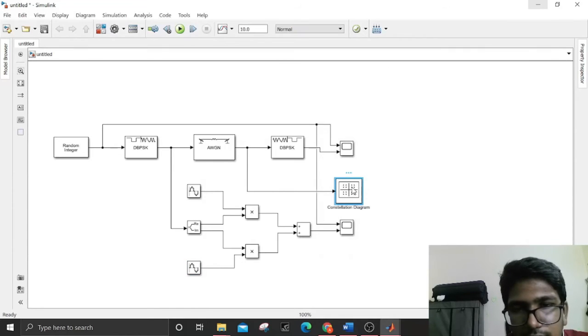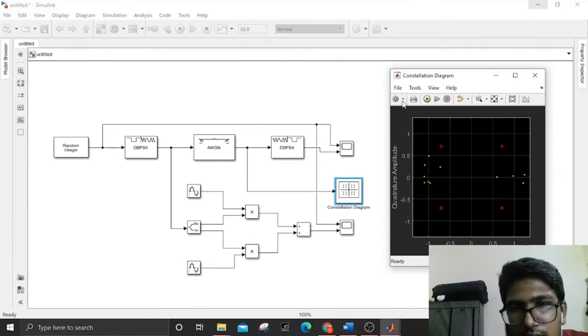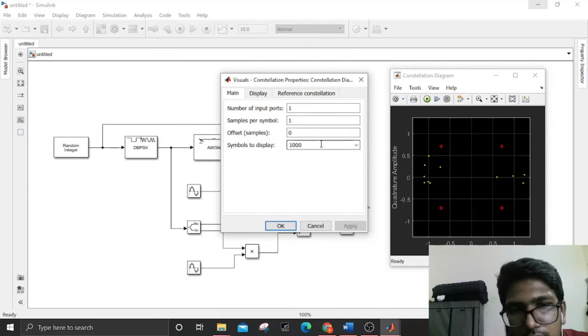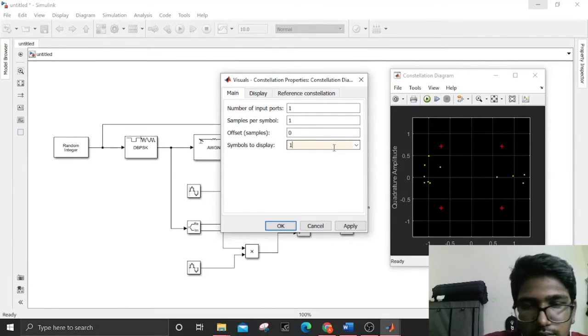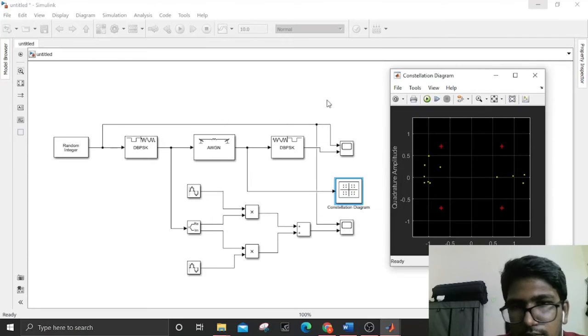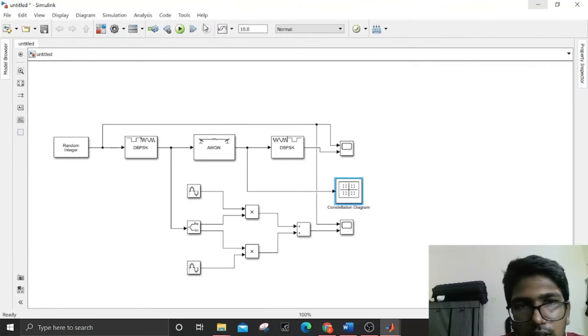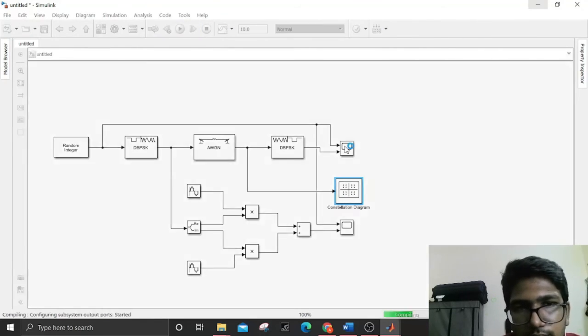And then we need to set the constellation diagram. Go to settings, change the symbol to display as user defined, and change to 1000. And run the simulation.